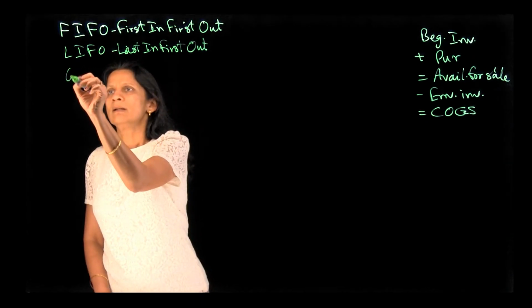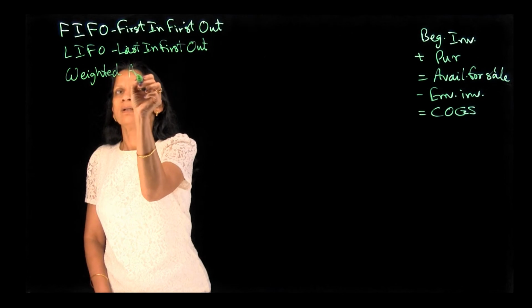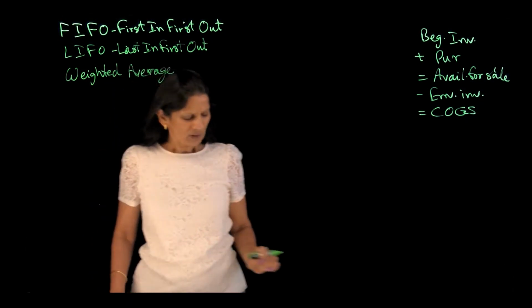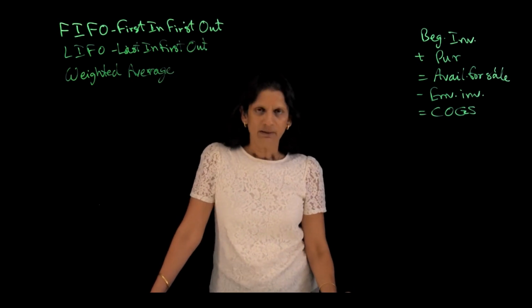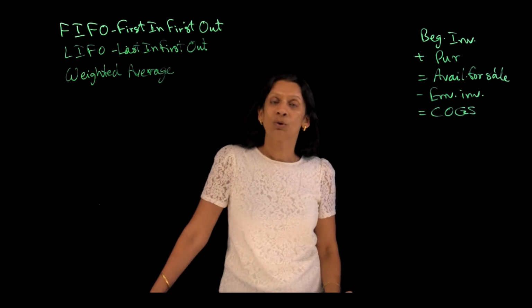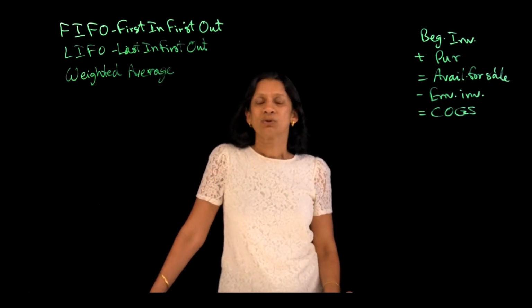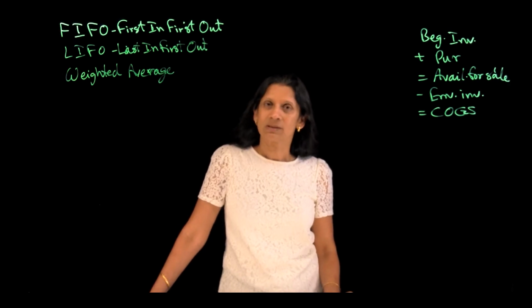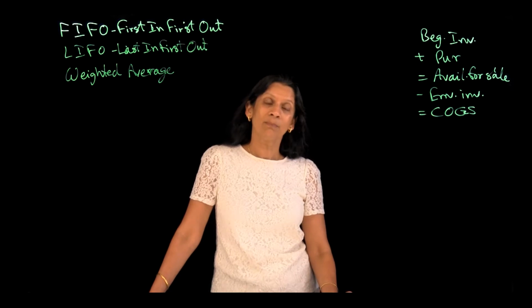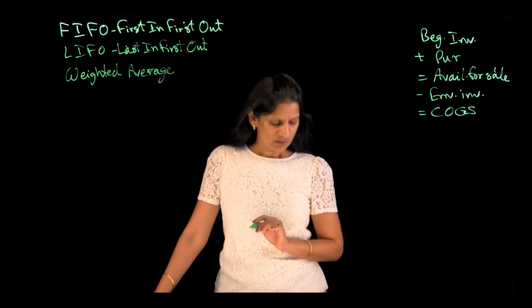And then another method is the weighted average method, where the costing is done on the basis of the average of whatever is the total cost available in the warehouse. Now, all these concepts will be easier to understand if we go for a practical number example. So let's go for a very small example.